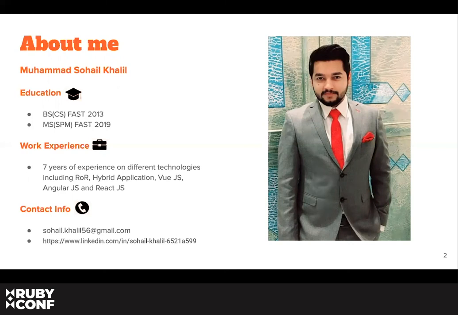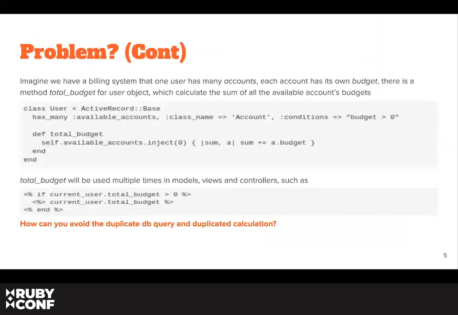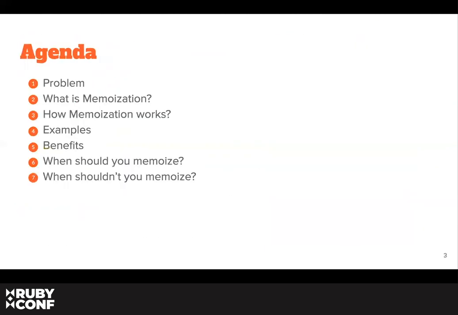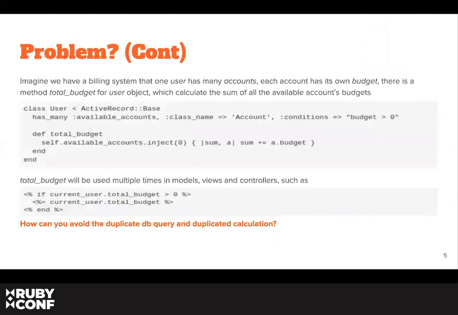So there is a question from Suleiman, related to the example that I shared. He's asking, what if we change the account data? We want the new total budget, not the memoized one.